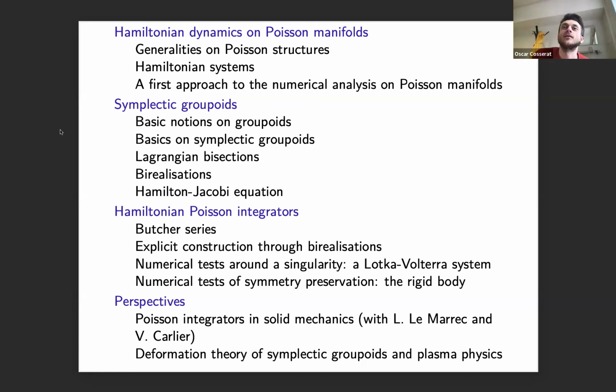In particular, we have used this Hamilton-Jacobi equation on a symplectic groupoid to observe that this Hamilton-Jacobi equation was helpful to approximate Hamiltonian trajectories by preserving the leaves of the symplectic foliation of a Poisson manifold. So what we're going to do today is to use this Hamilton-Jacobi equation to construct numerical methods that approximate Hamiltonian trajectories.